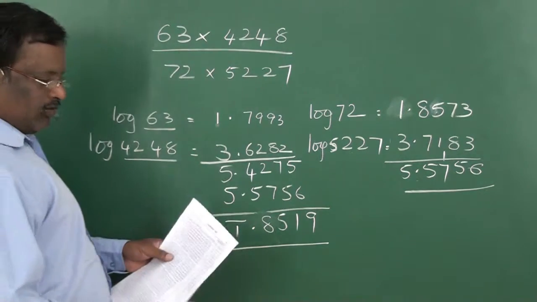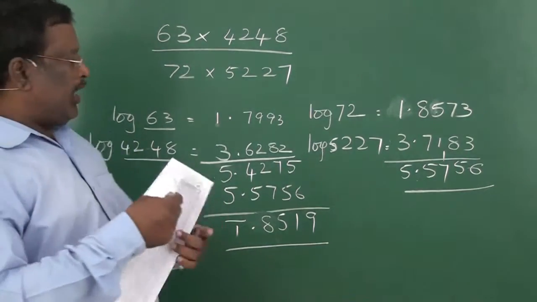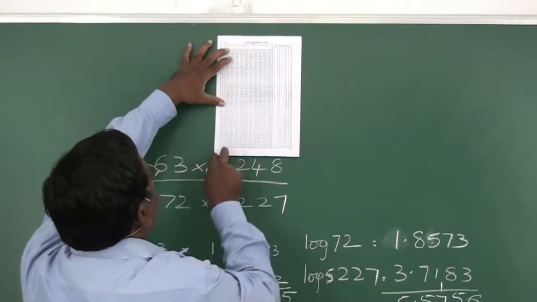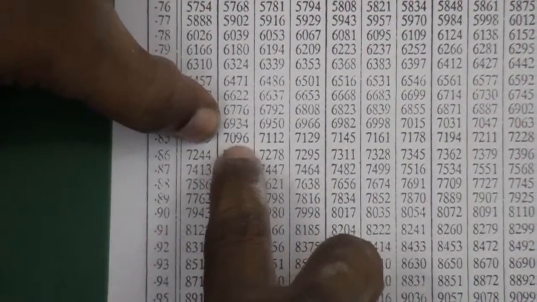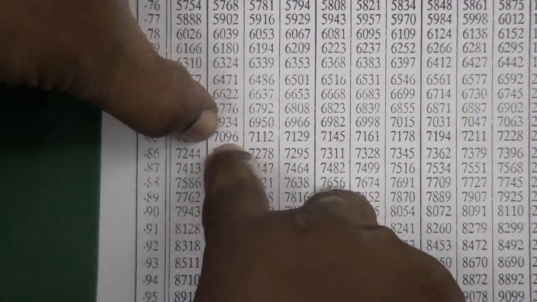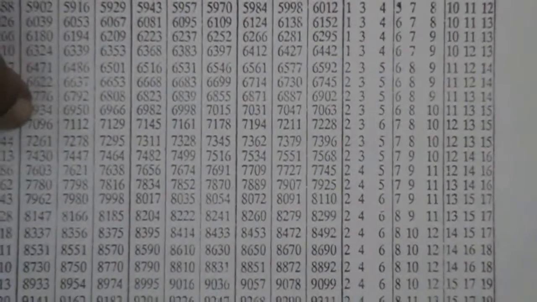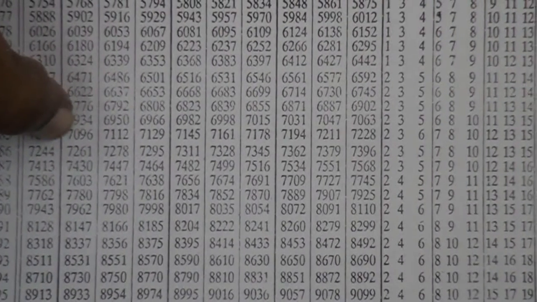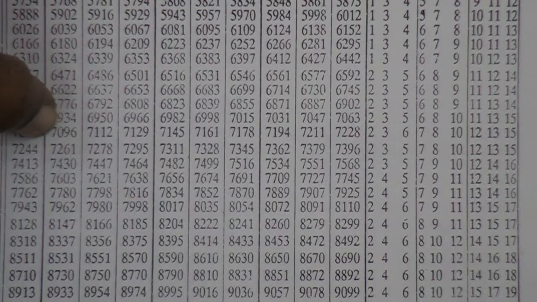So convert this mantissa into a numerical value. For that you have to depend upon the anti-log table. 85 against 0.851 gives 7096, and the mean difference is 9, which will become 15. So 7096 plus 15 is 7111.